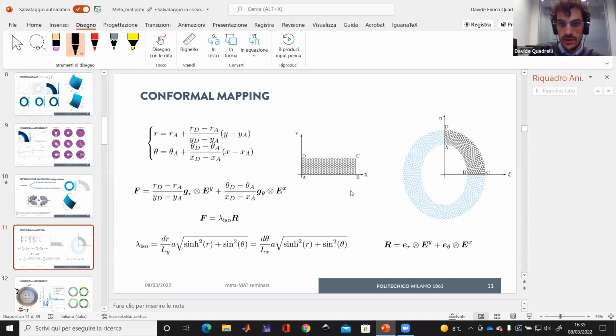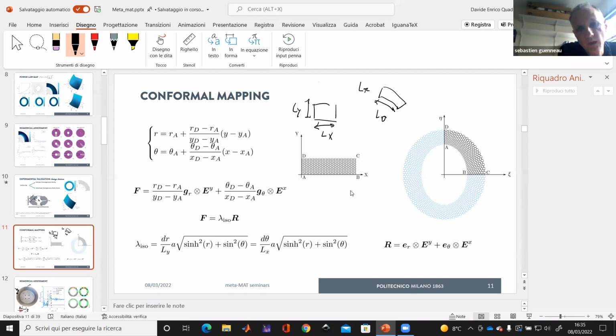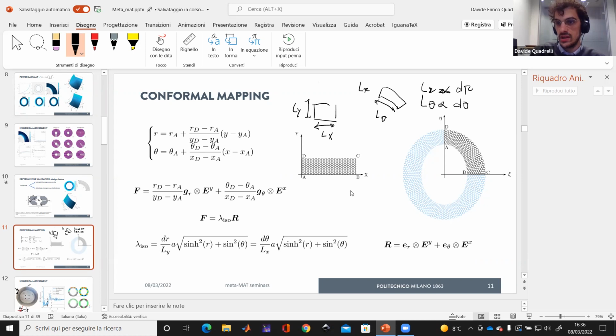So if, for example, you want an element which is of length Lx and Ly, and you have an element in the elliptical system which is of length L theta and Lr, Lr is proportional to dr, the increment in the coordinate. L theta is just proportional to d theta, which is something that does not happen in polar coordinates, because you would have r here basically.